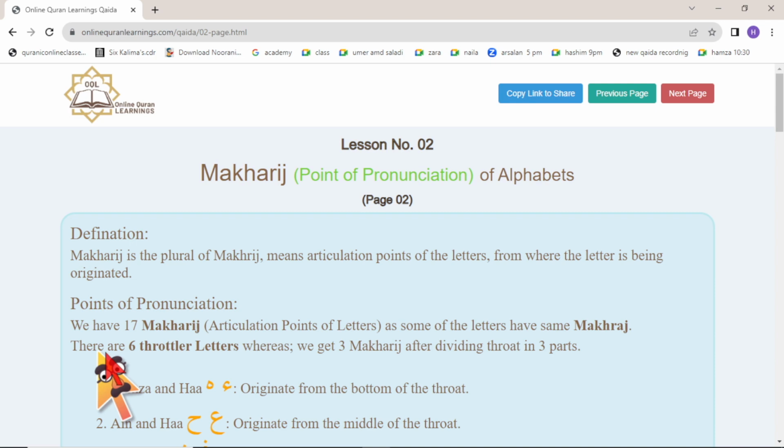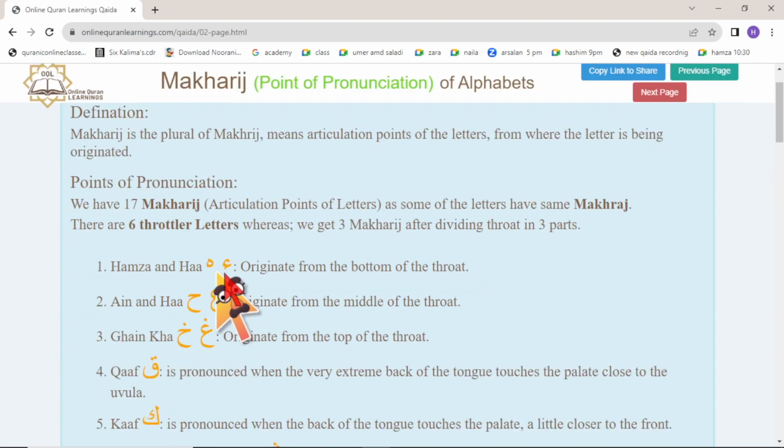The first part has two letters, Hamza and Ha, which originate from the bottom part of our throat, which is close to our chest.